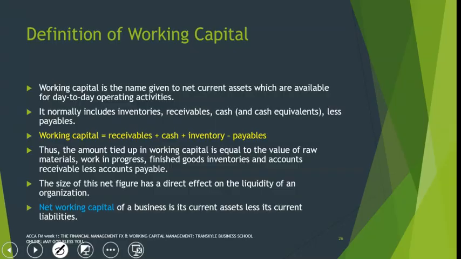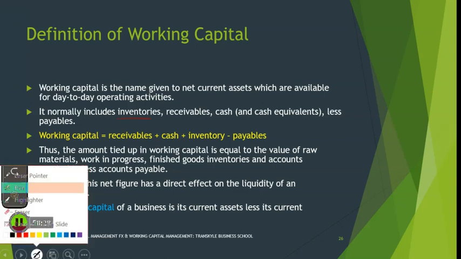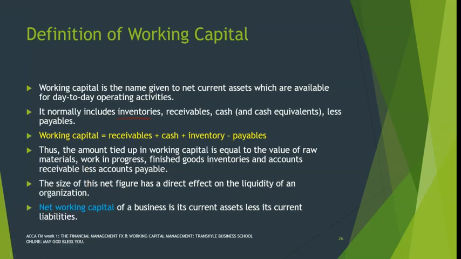Basically, working capital is the name given to net current assets which are available for the day-to-day operating activities. It normally includes inventories, receivables, cash and cash equivalents, less payables.